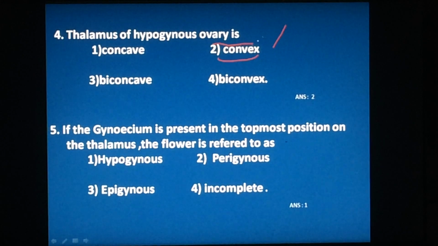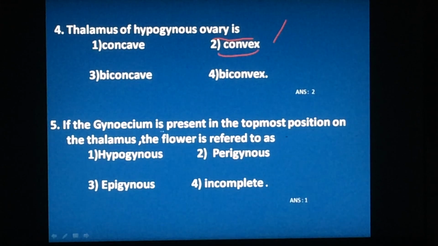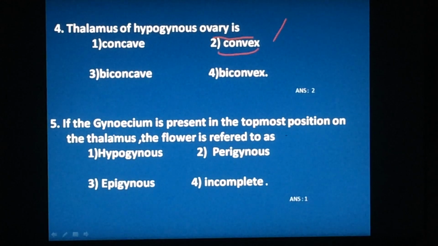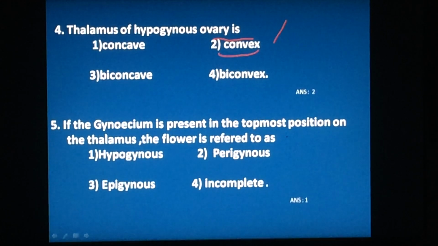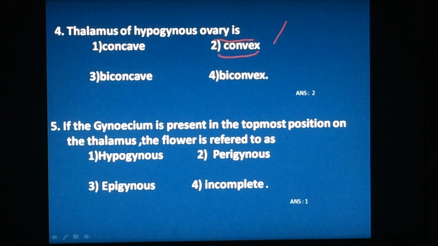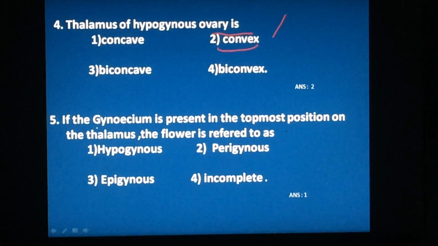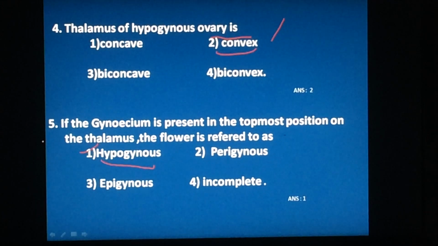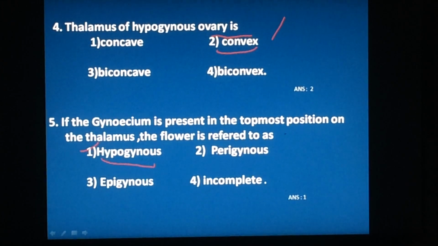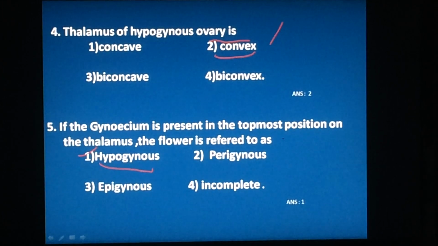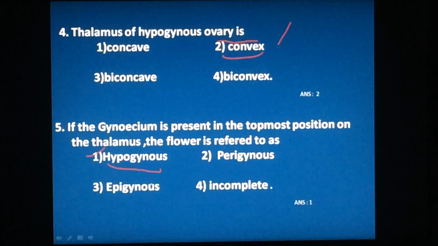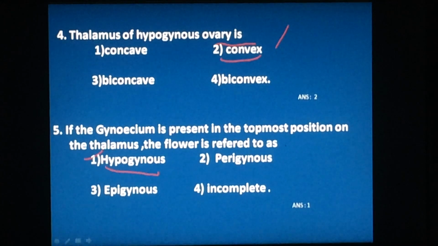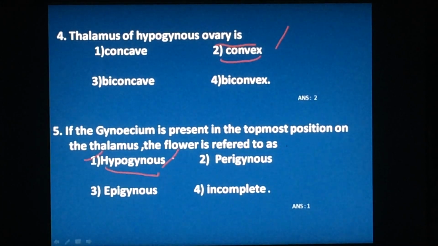Answer is convex. If the gynoecium is present in topmost position on the thalamus, that means ovary is topmost, the flower is called hypogynous. Hypogynous, superior ovary. Perigynous, half superior or half inferior. Epigynous, inferior. Incomplete, any one whorl will not be present. So answer for this is 1.